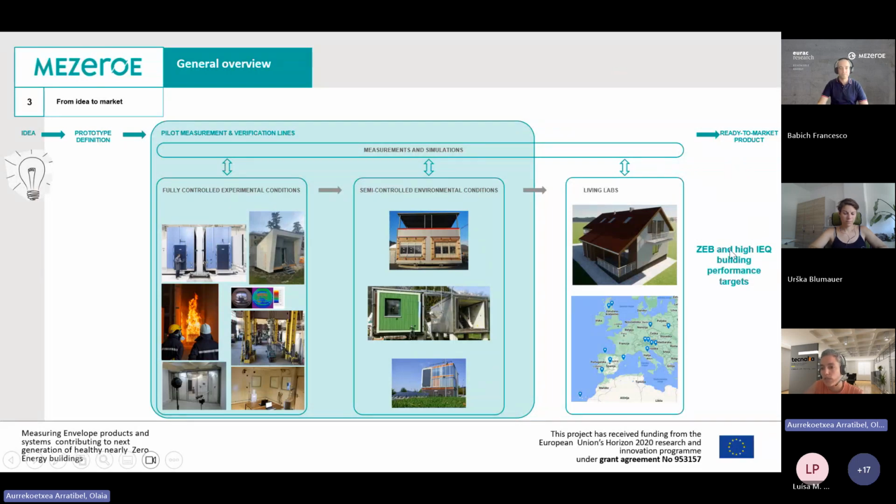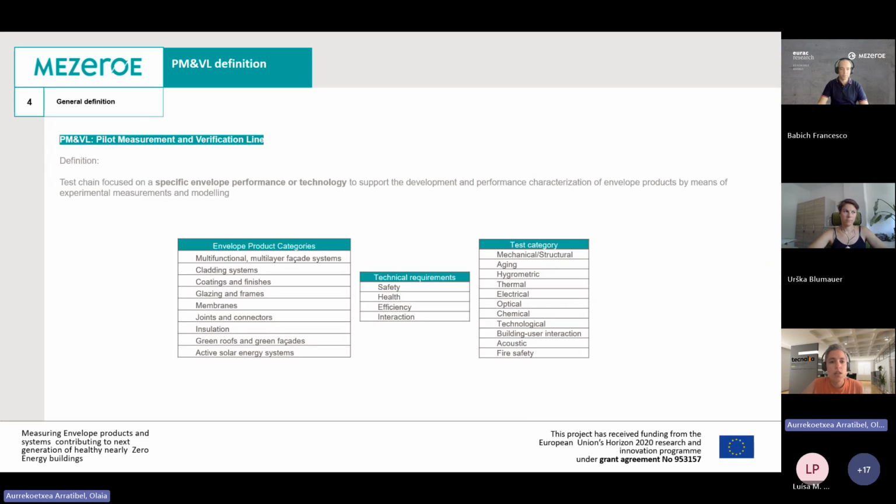So this way we believe that we will help in achieving the energy and high indoor environmental quality building performance targets. So as Francesco said, all testing facilities are focused on building envelope products and systems.